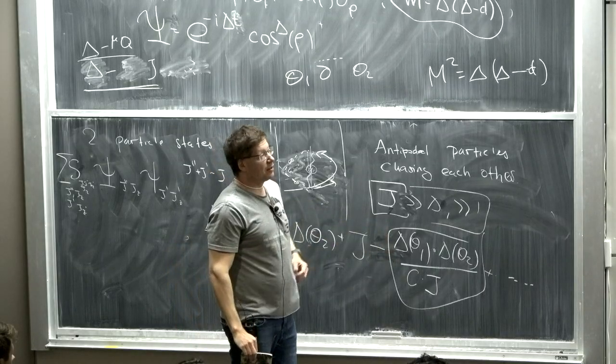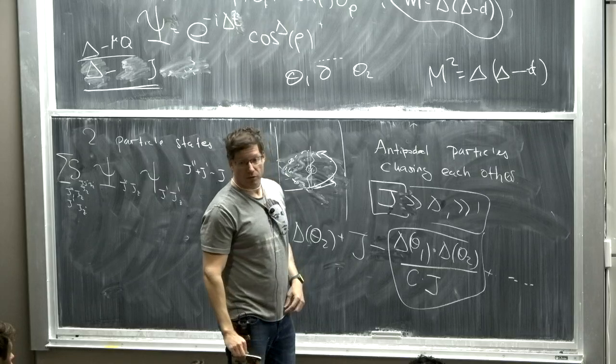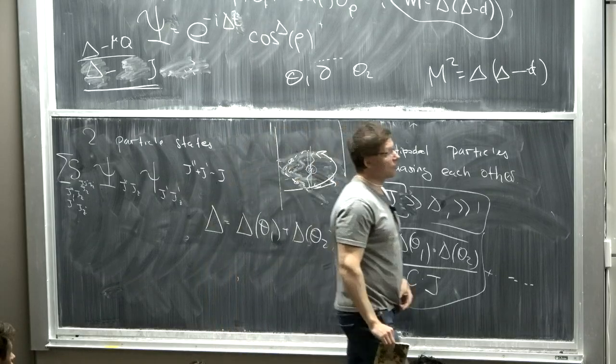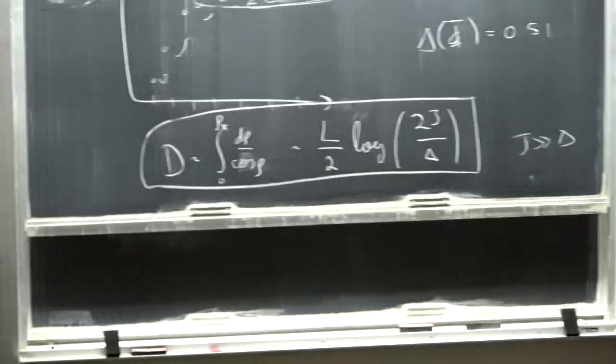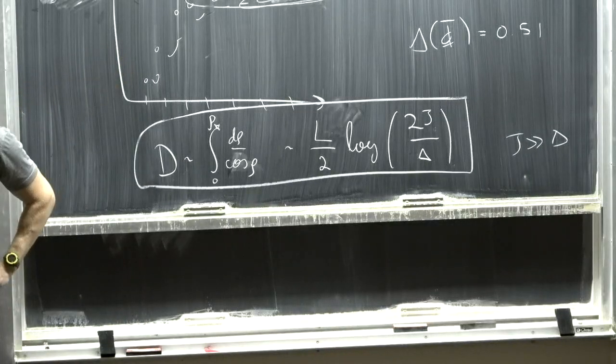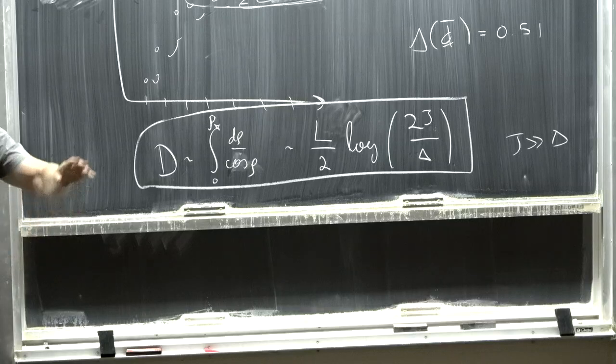Is it easily obtained in Monte Carlo? No. Is it known from the bootstrap? I don't know. I actually don't know if people have tried to match it. Okay, so he says yes, people tried. So in AdS, you can compute this by computing some amplitude.